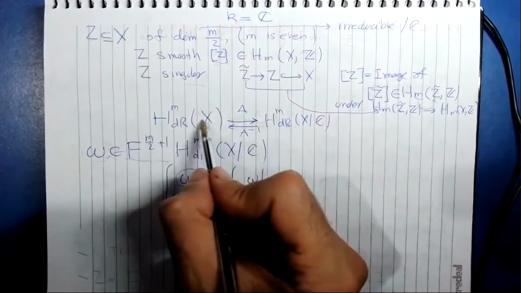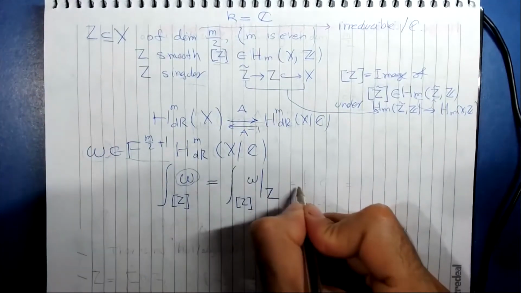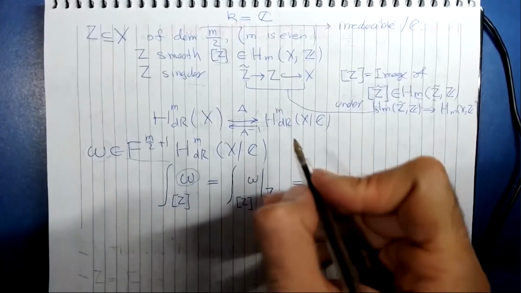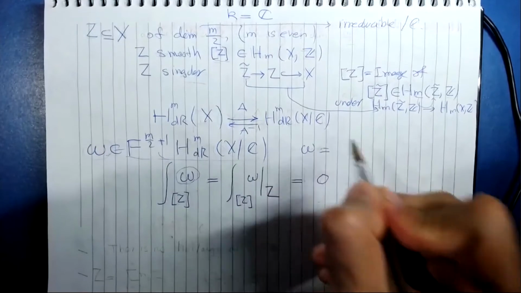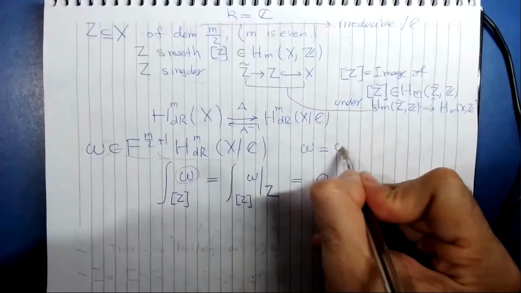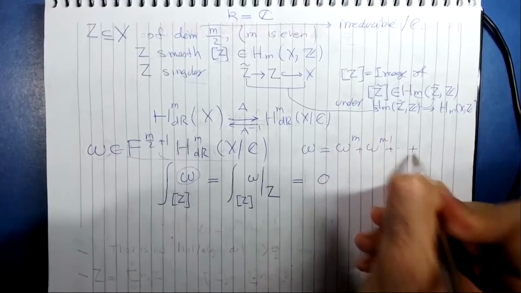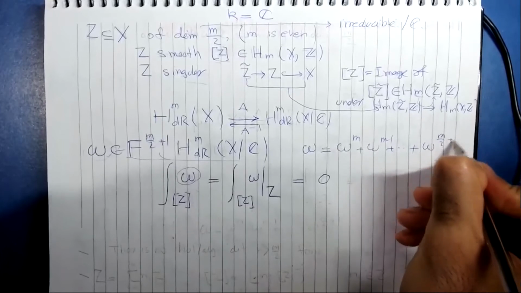And this and the A minus 1 map are compatible with the restriction. And this is going to be 0. And why is this the case? This is the case because by definition omega will be of the form omega_m plus omega_(m-1) plus and so on, until omega_(m/2+1).